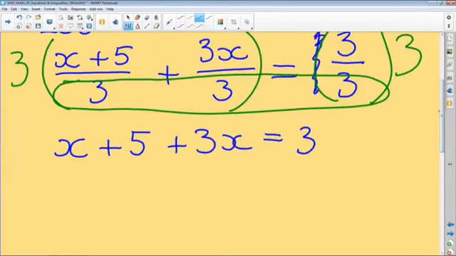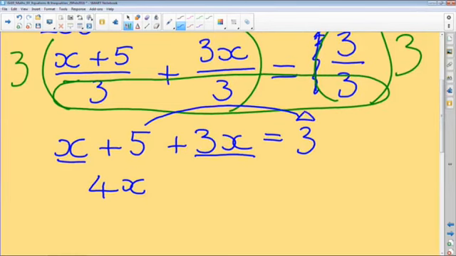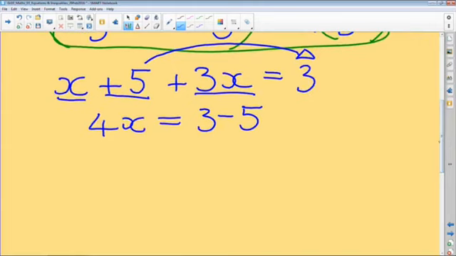Okay, now let's add our like terms. x plus 3x is 4x, and I'm going to save time by taking the 5 over immediately. The 5 is adding on this side, so it means it's going to minus on that side. So it's 3 minus 5, which means it's equal to negative 2.